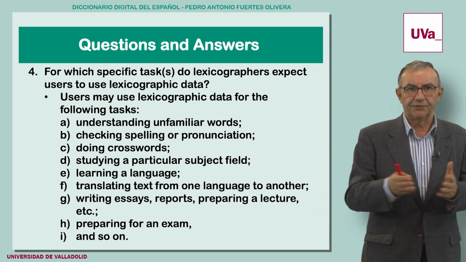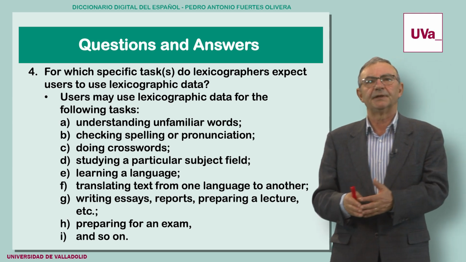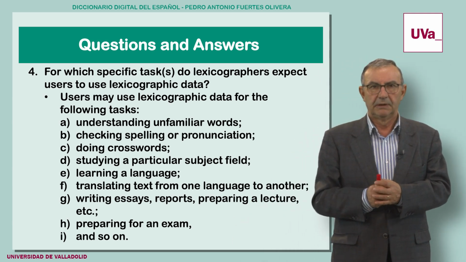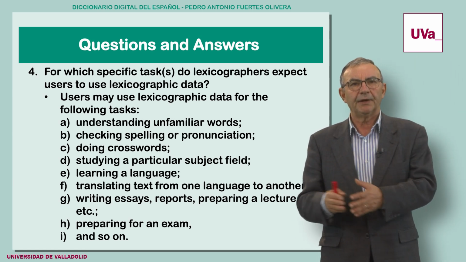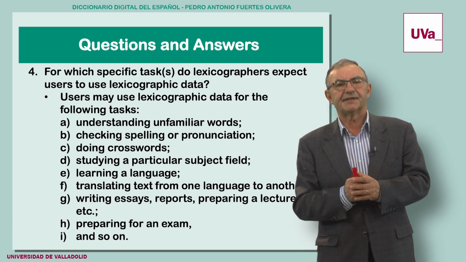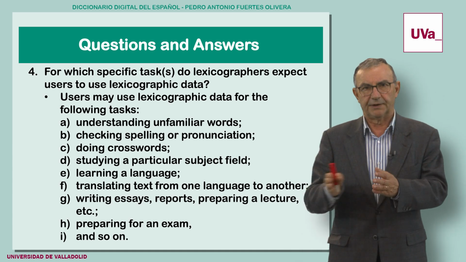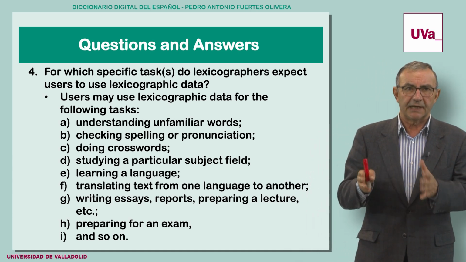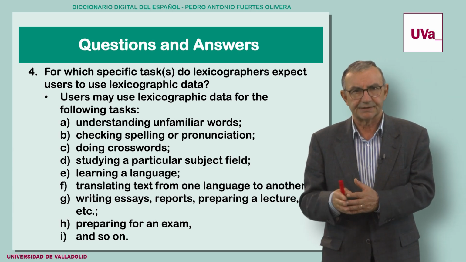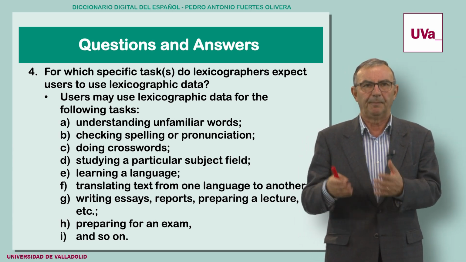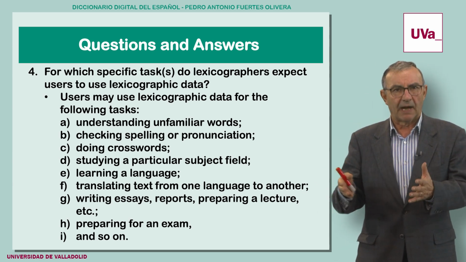Users, for example, may use the lexicographic data for the following tasks: understanding unfamiliar words, checking spelling or pronunciation, doing crosswords, studying a particular subject field, learning a language, translating text from one language to another, writing essays, writing reports, preparing a lecture, etc., or preparing for an exam, and so on.